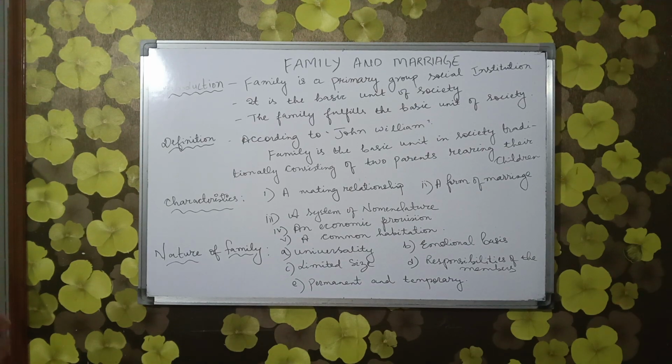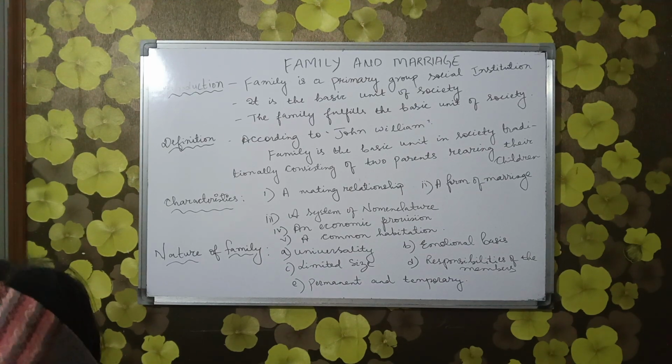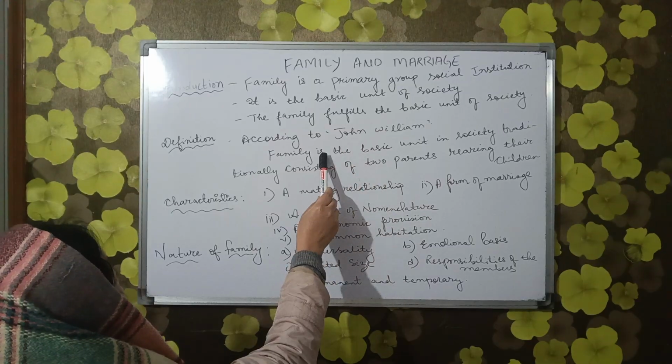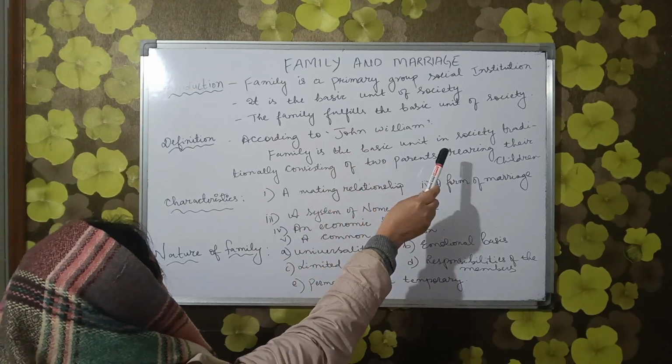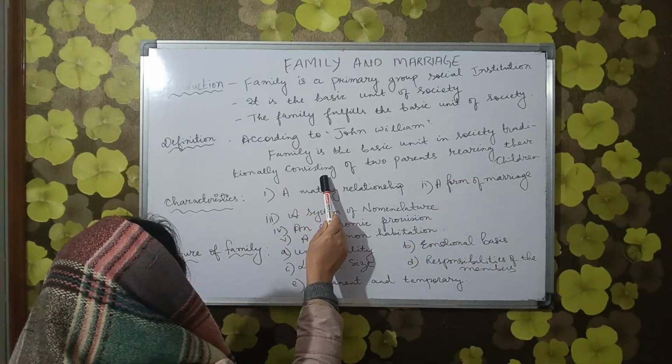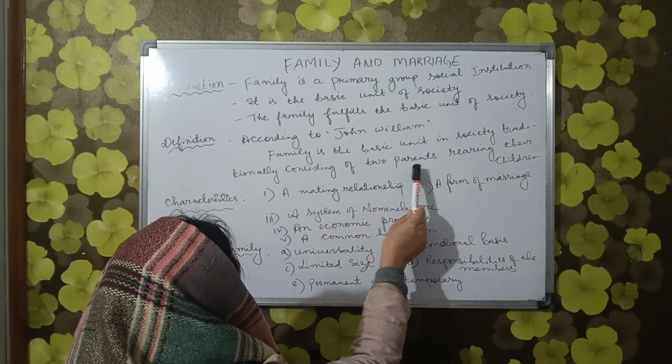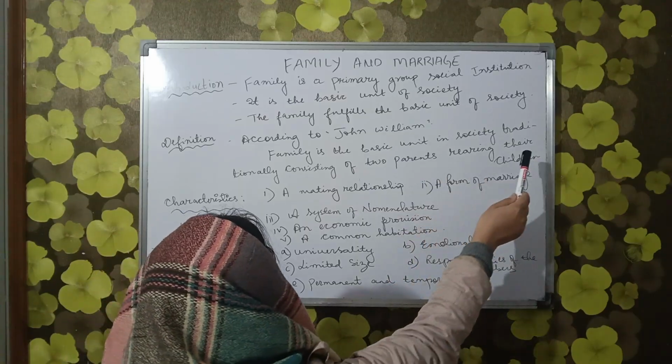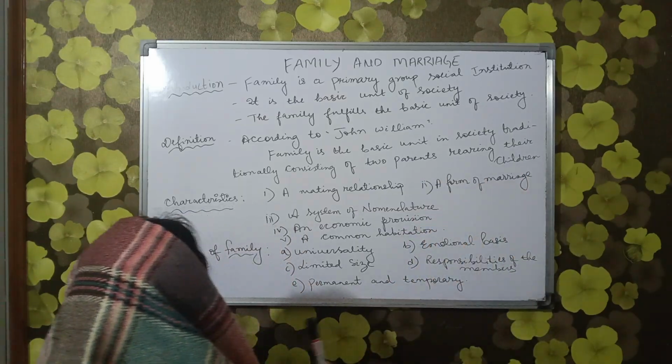And next is the definition. According to John William, family is the basic unit in society, traditionally consisting of two parents rearing their children.